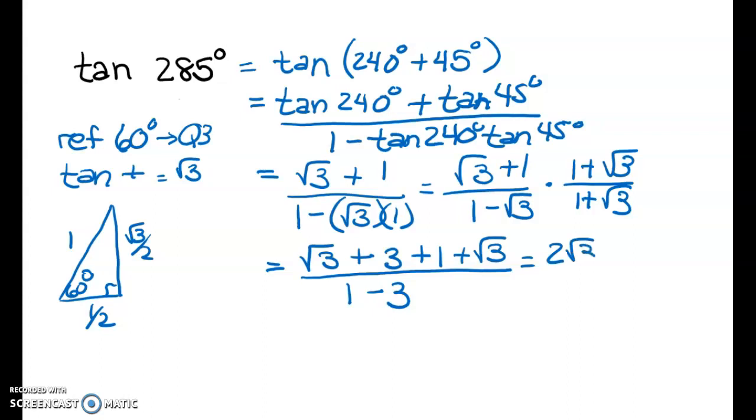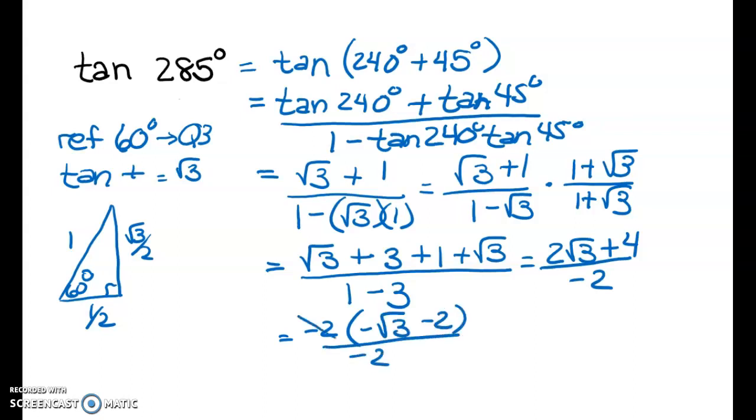We get 2 radical 3 plus 4 over negative 2. So when I take a negative 2 out of the numerator, I get negative radical 3 minus 2 over a negative 2. My negative 2's reduce out. I always like to write my radical last, so I'm going to flip these. So that's my final answer.